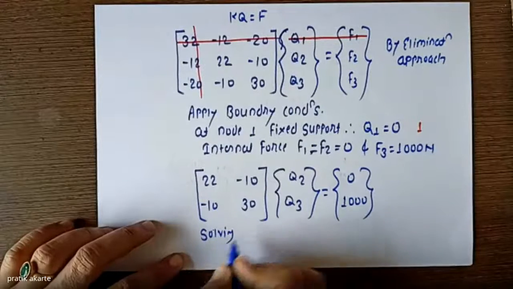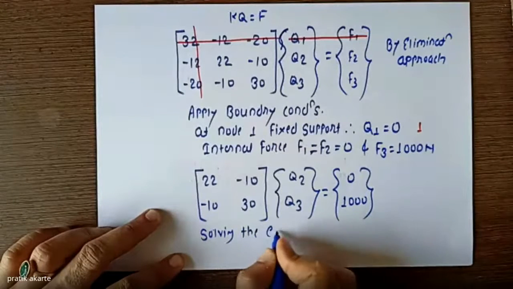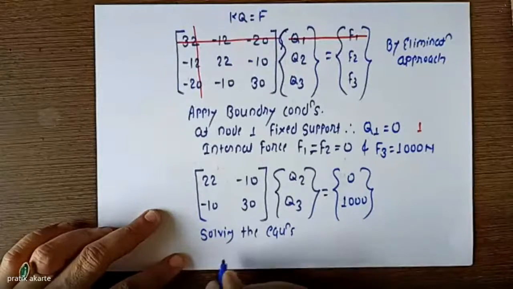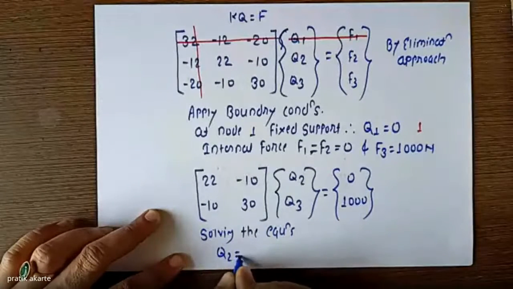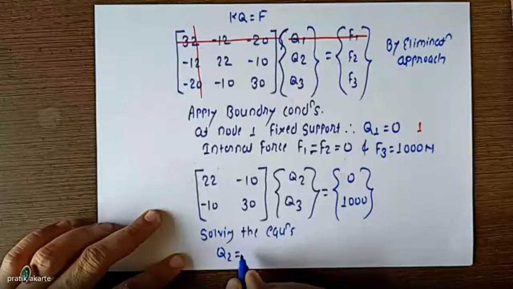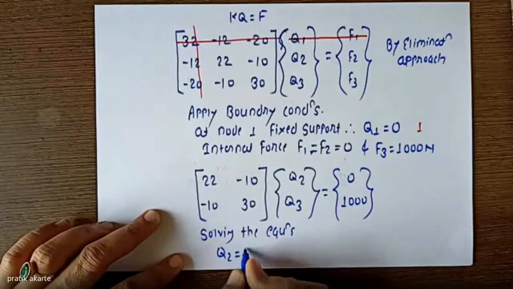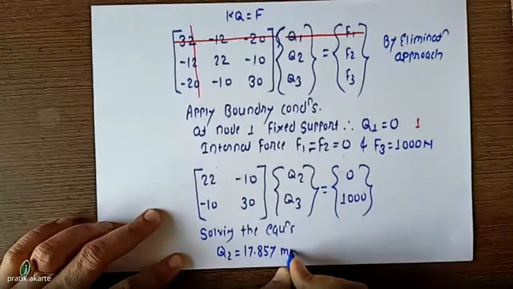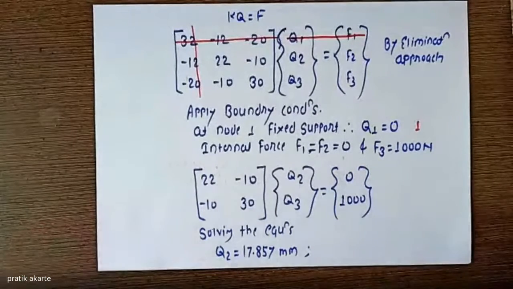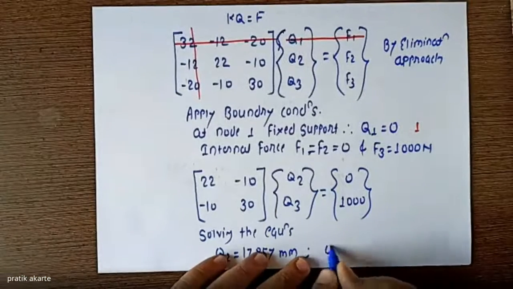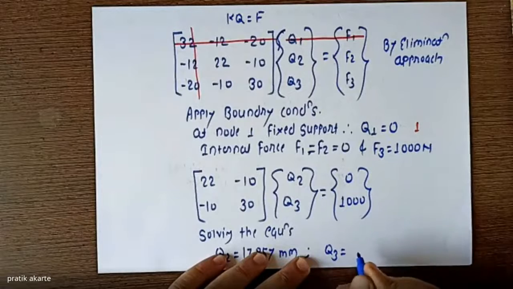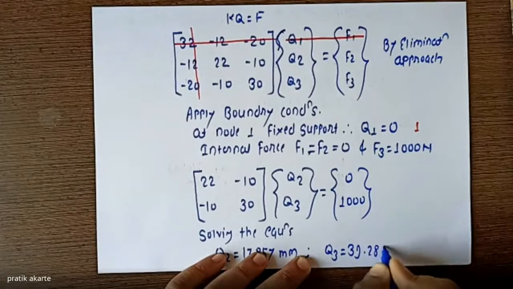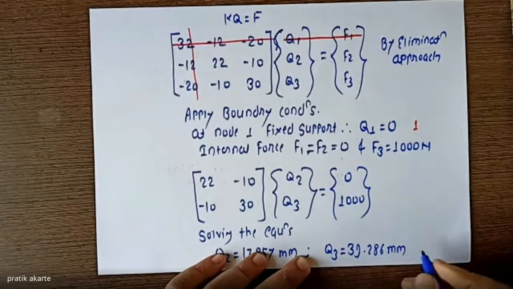Solving the equations, you can solve it on your calculator also. We'll get Q2 as 17.857 millimeter. You can cross check it once again. And Q3 as 39.286 millimeter.